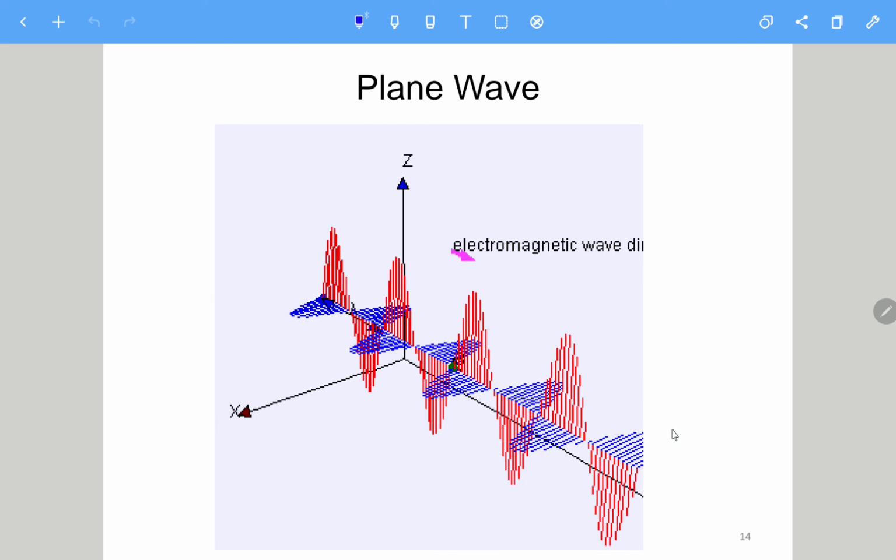You can see that this is the E field, and this is the B field, and it follows the right-hand rule. E cross B is this direction. This is the direction of the Poynting vector.